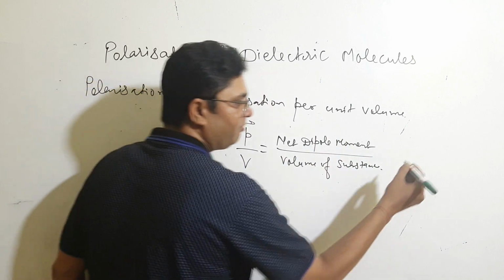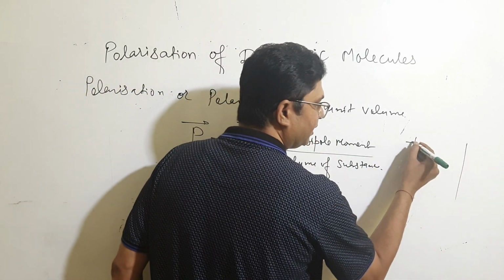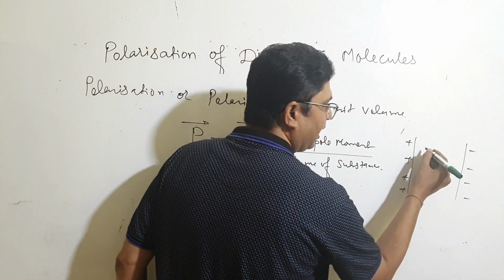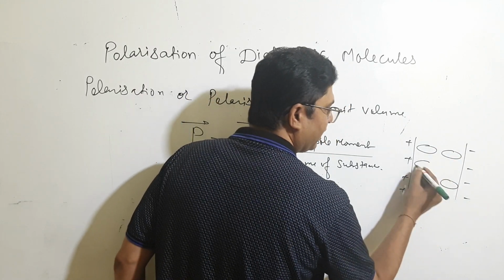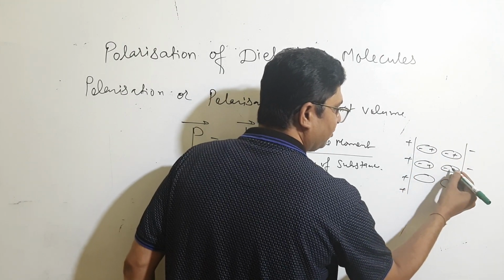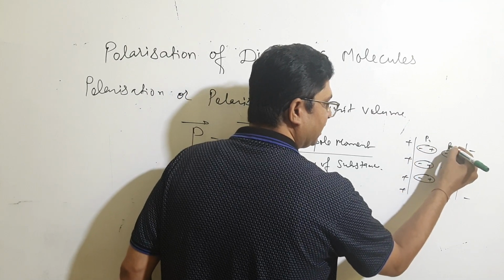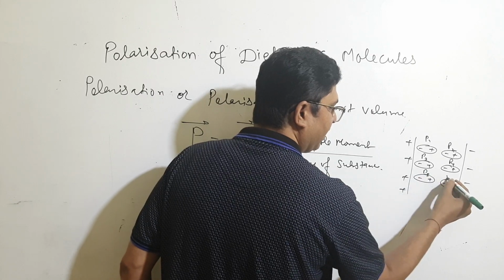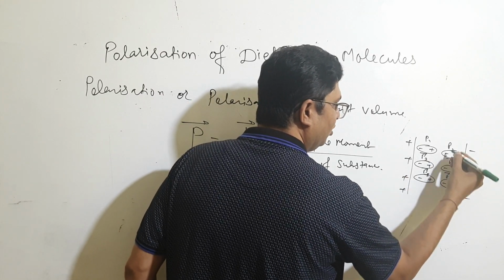This means that if here we have a substance, and here we have a plus charge plate and here a minus charge plate, the dipole moments are arranged like this: minus plus, minus plus, minus plus, and so on. So this has p1, this has p2, p3, p4, p5, p6, all are vectors from the minus to the plus side.